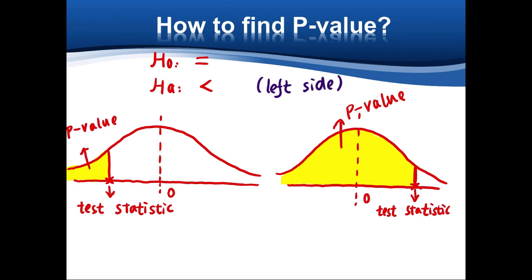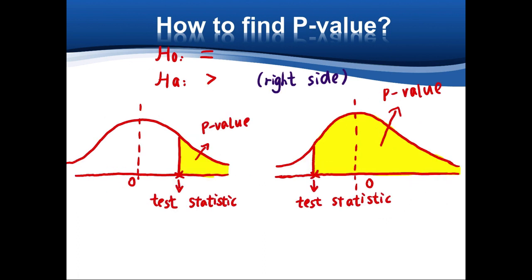If HA is smaller than, the area will be on the left side. No matter whether your test statistic result is negative or positive, starting from the test statistic result, highlight everything on the left. That area in yellow is p-value. Similarly, if HA is bigger than, you need to highlight everything starting from the test statistic result to the right.